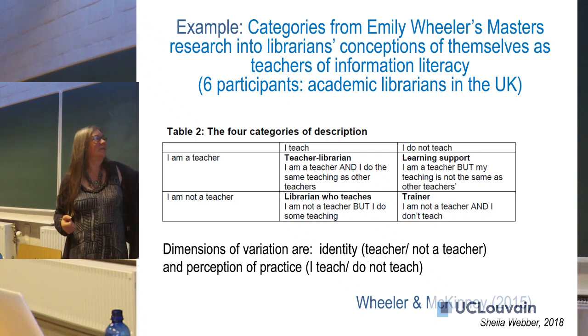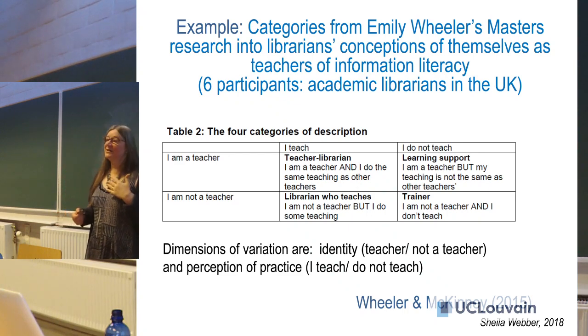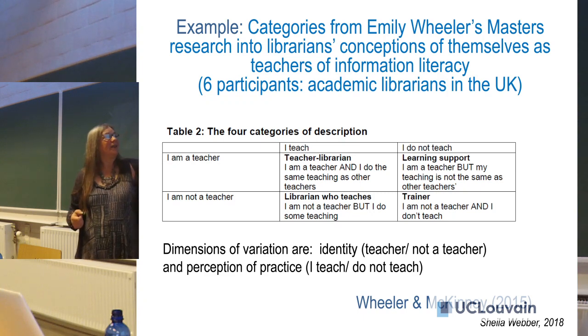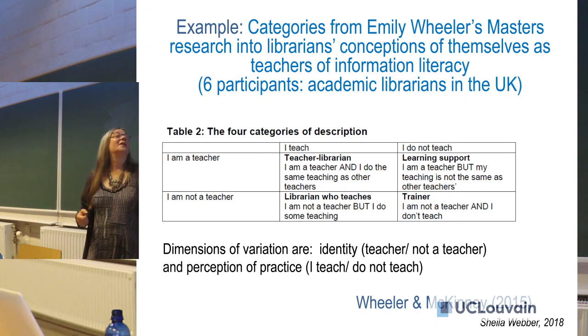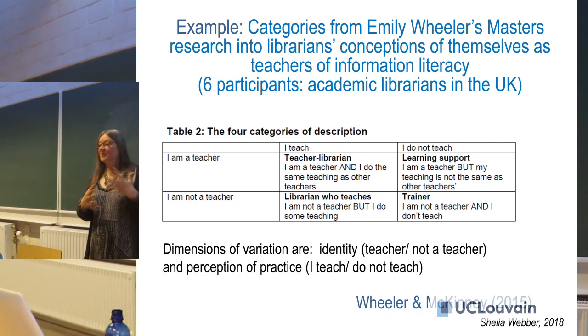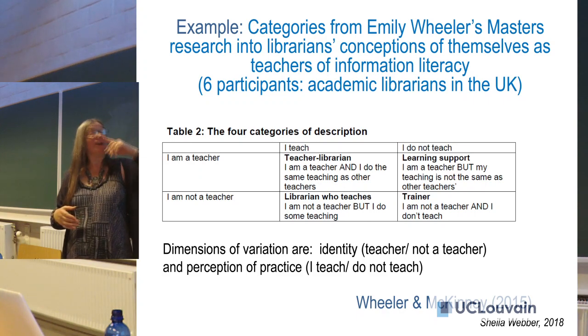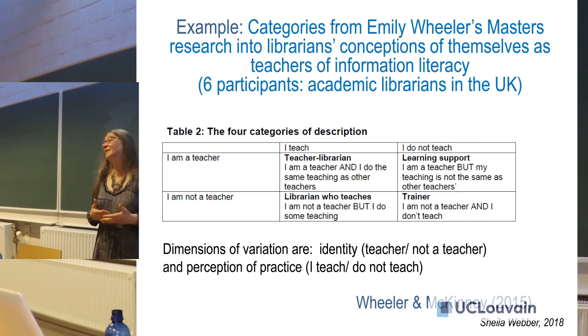One is your conception of yourself as a teacher, whether you have an identity as a teacher or not. And the other one is whether you feel you practice teaching or not. It's a bit more binary than you'd normally have in a phenomenographic study, but it ended up with these four categories. And Emily just interviewed 6 academic librarians, but between them they held these 4 conceptions.